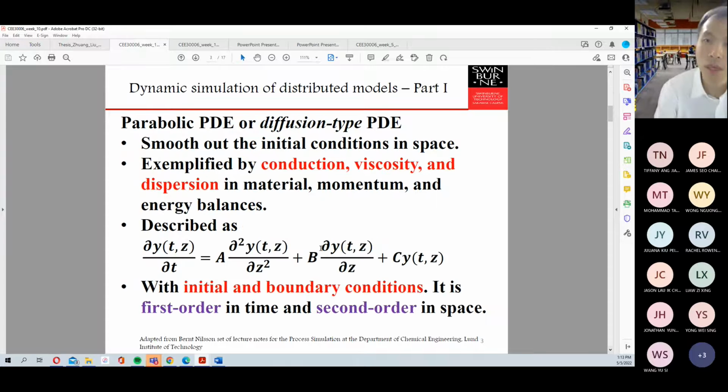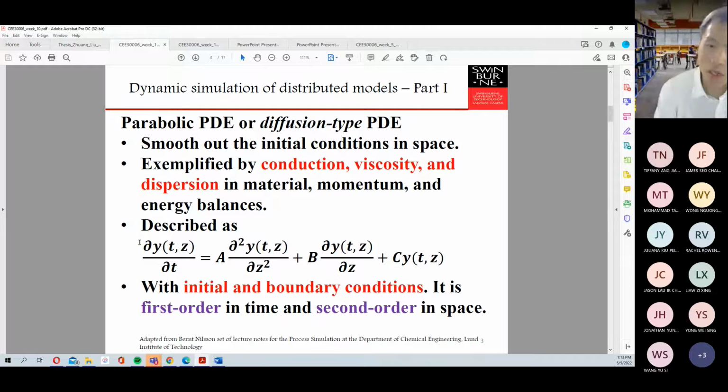The parabolic PDE is called a diffusion type PDE. Physically speaking, this means that we smooth out the initial conditions in space, and this PDE is exemplified by conduction, viscosity, and dispersion in material, momentum, and energy balances.